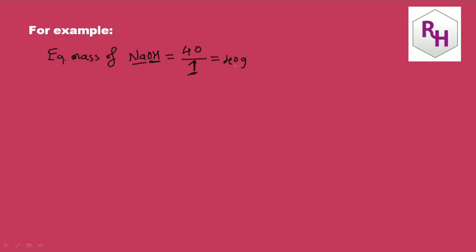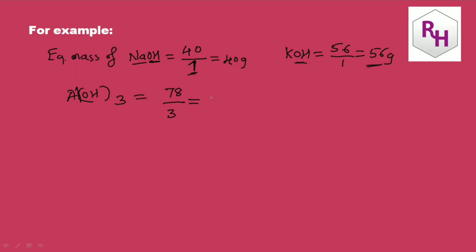Very simple, correct? Like that, can you calculate KOH also? KOH molecular mass is 56 divided by 1, equal to 56 gram, because 1 OH is there. For example, Al(OH)3, can you calculate? The molecular mass of Al(OH)3 is 78, divided by 3, because 3 OH groups are there.